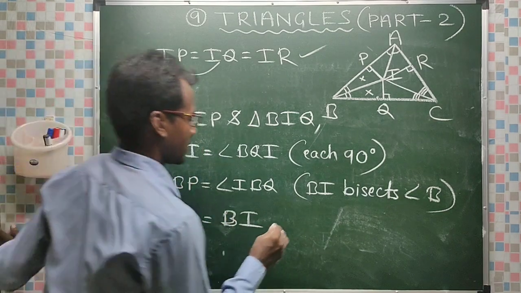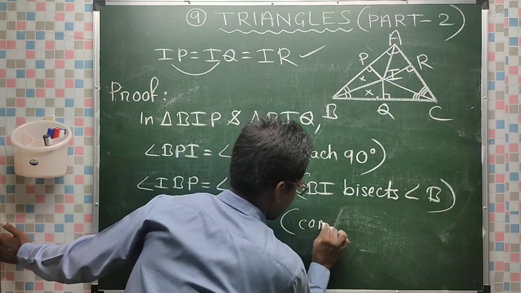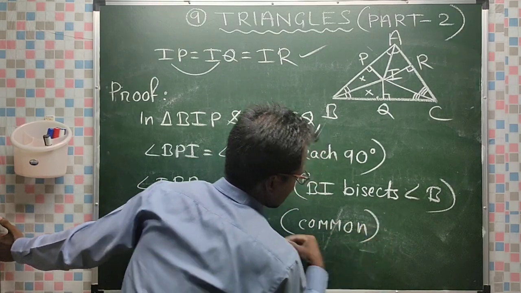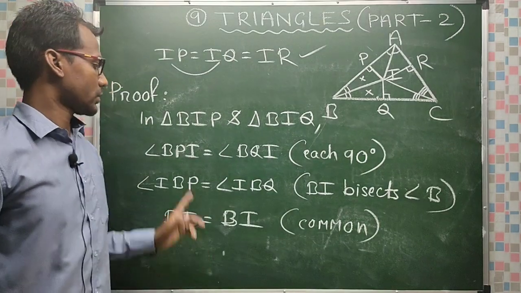BI is equal to BI because they are common. So angle angle side.